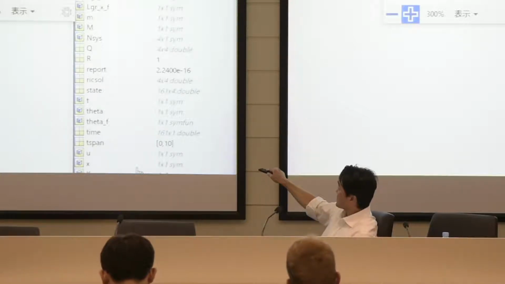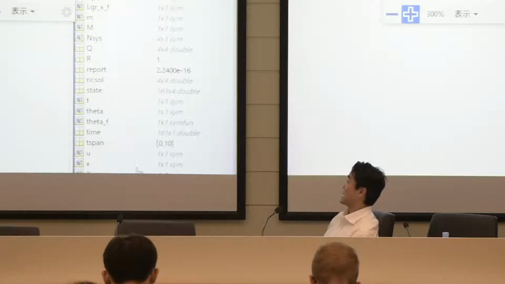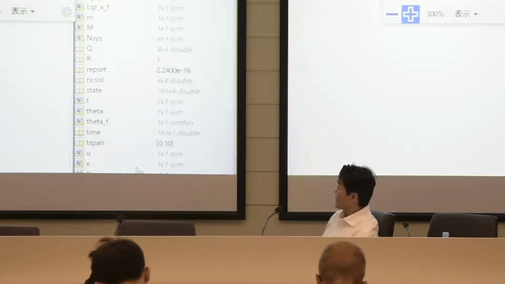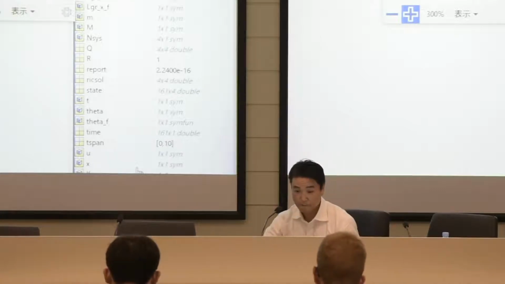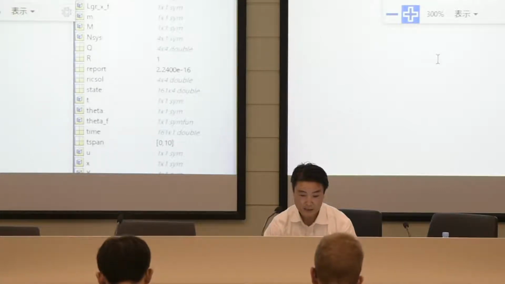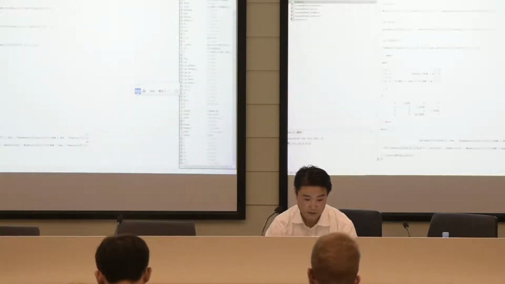And T has the same number of rows, 161, and 1 column. And you write these data, then you get the simulation results, which is in this next script.